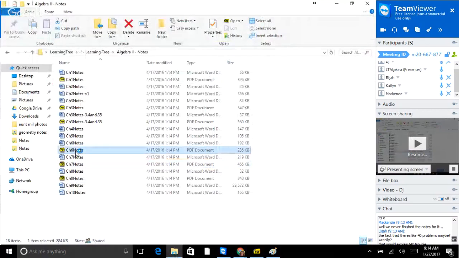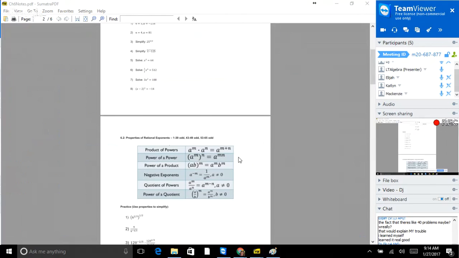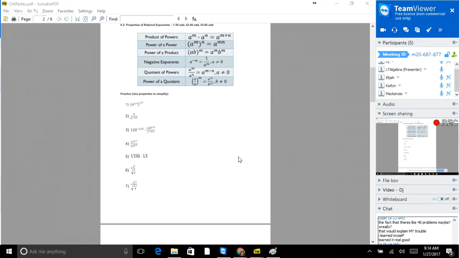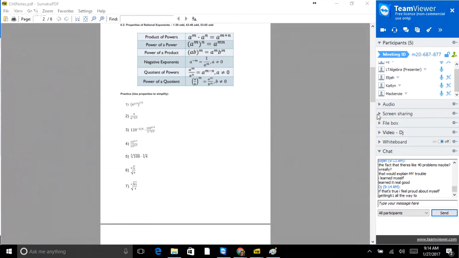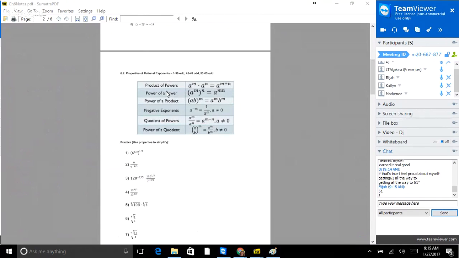Okay, chapter 6. Okay, so I have the notes back up here. And I do remember we took a long time on the first section. So I think we did not quite get through there, right?